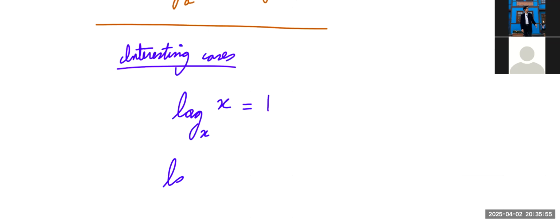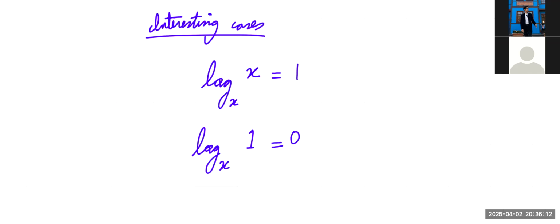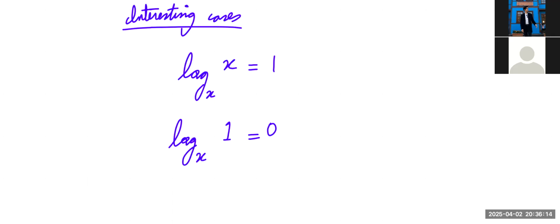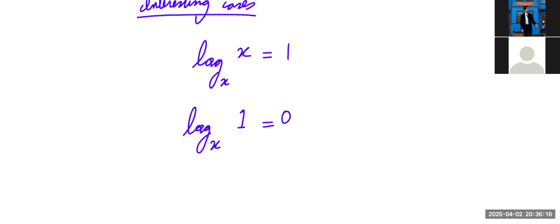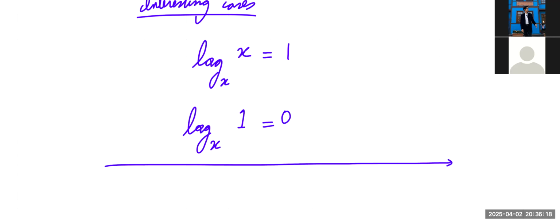Similarly, what do you think this will be in this case? So, like, what is this basically equal to? 0. Exactly, because anything to the power of 0 is always 1. So again, this is a pretty interesting case. Okay, that's the interesting cases that I wanted to talk about. One more thing.